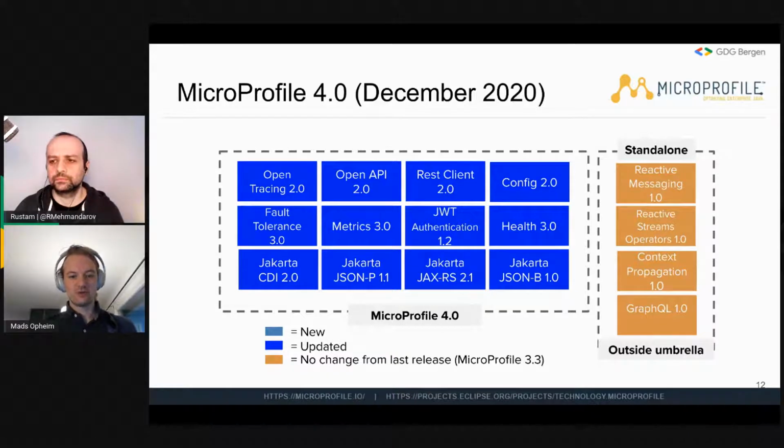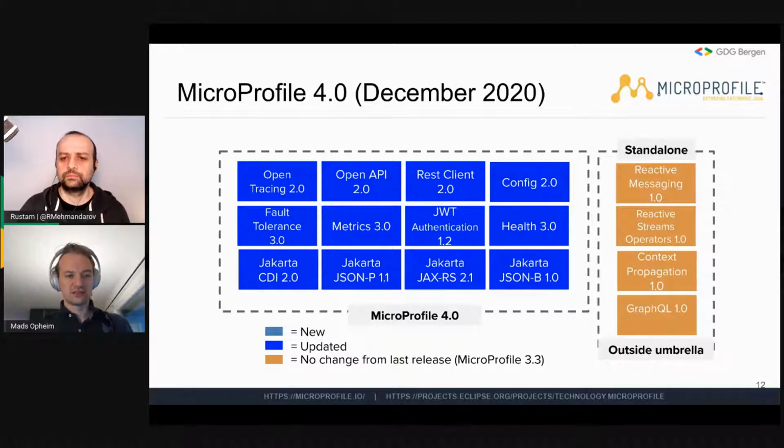So there is a bit of overlap between MicroProfile and Jakarta EE. And there's also a bit of discussion going on in the Jakarta EE community about maybe we should incorporate some of the specifications from MicroProfile, as you might need them in Jakarta applications as well, and the other way around. So let me frame it this way, it's a friendship between the Jakarta EE community and the MicroProfile community.